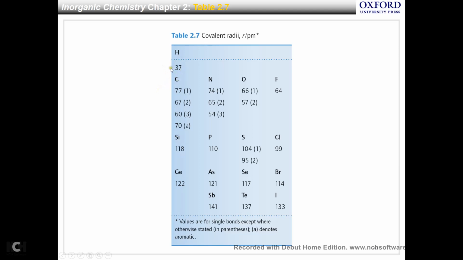Minus 37, I think you'll get 73. So it's pretty close. Because there are so many ways to determine the covalent atomic radius for the atoms, sometimes you see different numbers. They are close to each other, but still they are different.